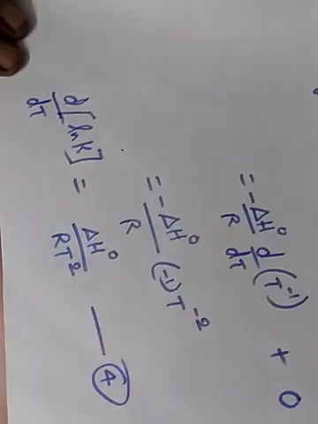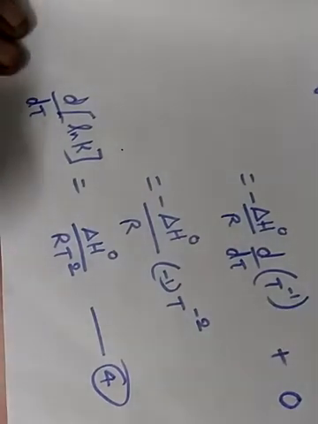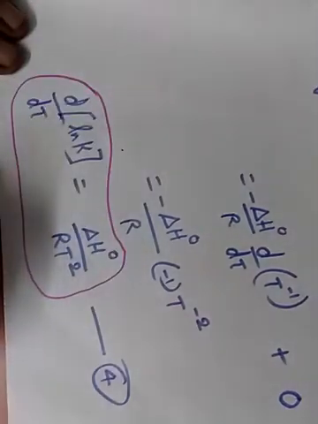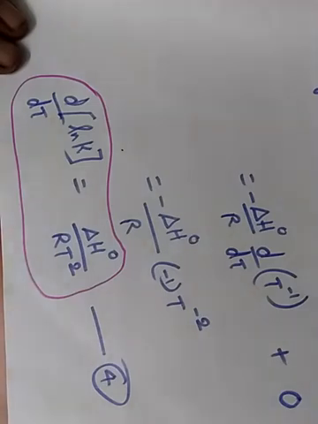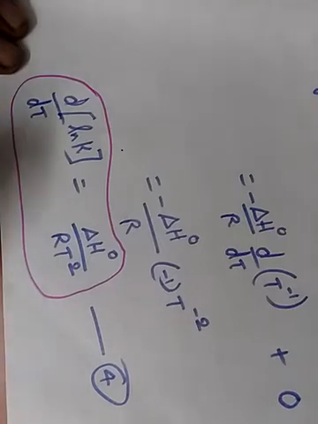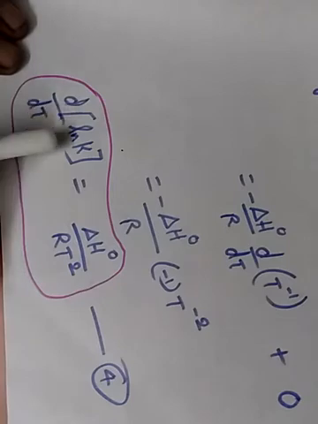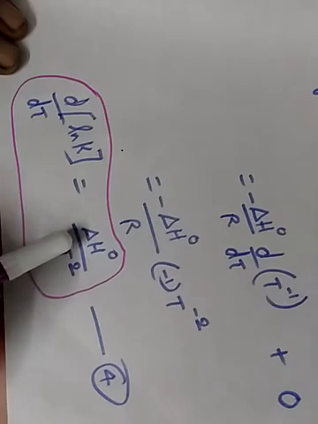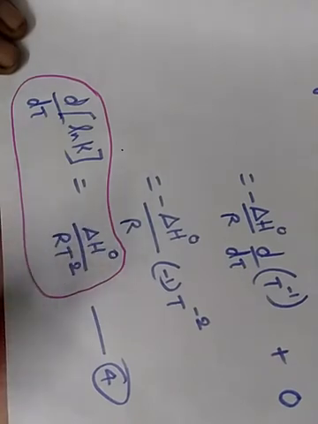Now this equation is the differential form of the Van't Hoff equation. Similarly, we have the integral form. Now look at the statement: d by dT of ln K, where ln means log with base e. K we already defined as the equilibrium constant, is equal to del H naught, the standard enthalpy change, which is a constant, over R, the ideal gas constant.